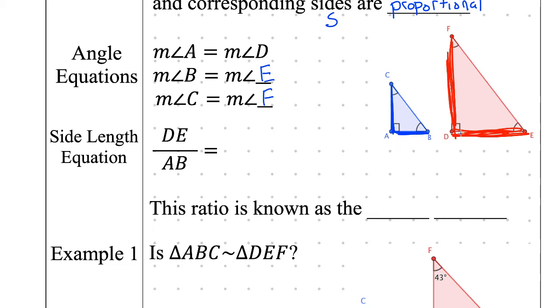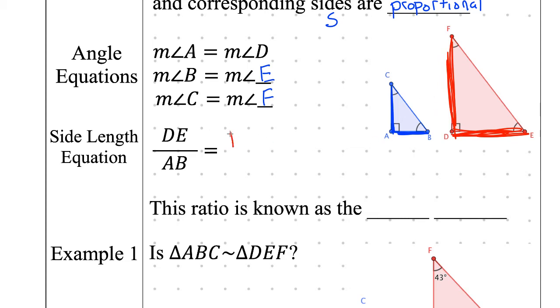The short leg of the big triangle to the short leg of the small triangle is the same thing as the long leg of the big triangle to the long leg of the small triangle. Getting my words all mixed up. The main thing you need to know here is that these ratios are the same thing.